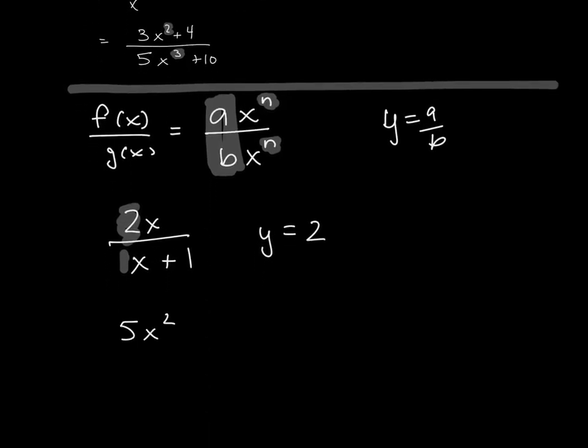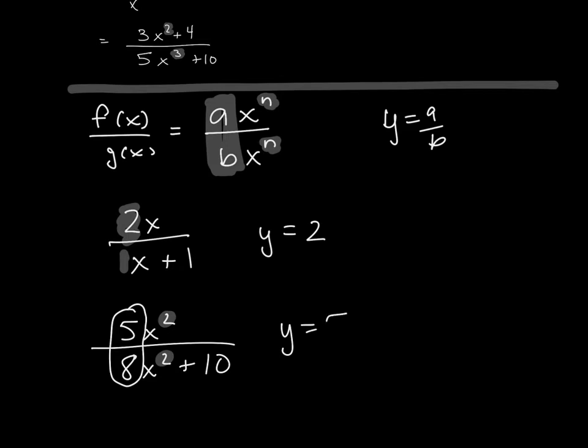If I had an example of 5x squared over 8x squared plus 10, again, all that matters is that ratio and that the exponents in the numerator and denominator are the largest. So this would give me a horizontal asymptote of y is equal to 5 over 8.